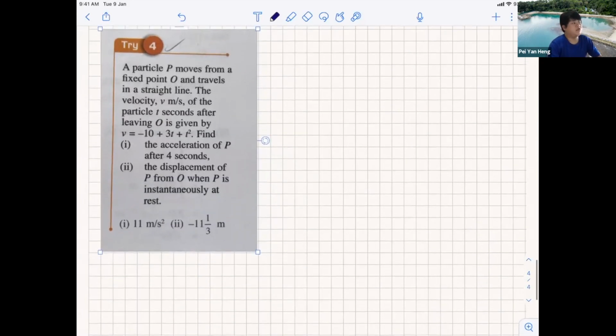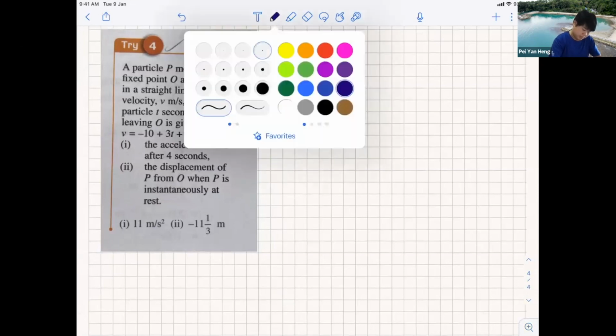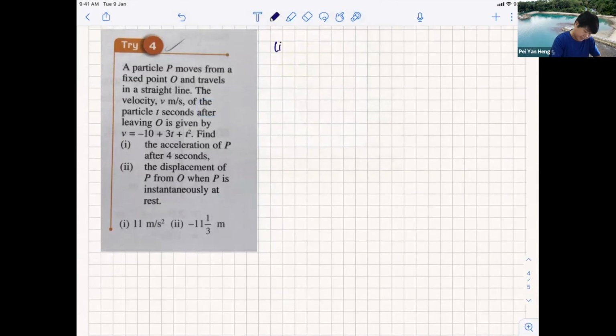So we have particle P moving from a fixed point O, travelling in a straight line, and its velocity t seconds after leaving O is given as that. Find the acceleration of P after 4 seconds. So first part, we have v equals minus 10 plus 3t plus t squared.